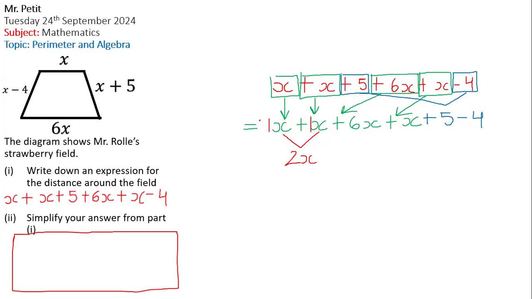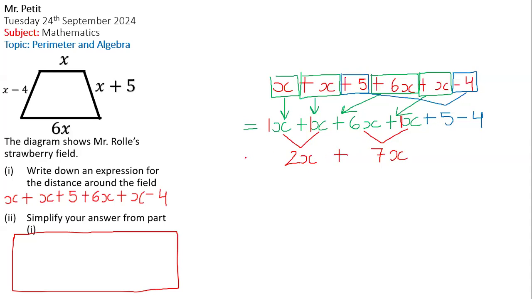So 6x plus what? All the x's, 1x. Correct. So 6x plus 1x is going to be what? 7x. Right? And so we add them together.